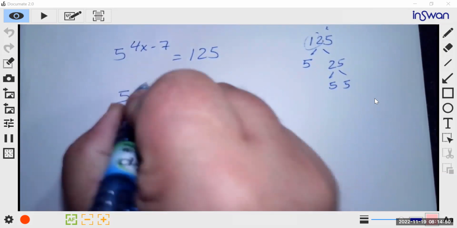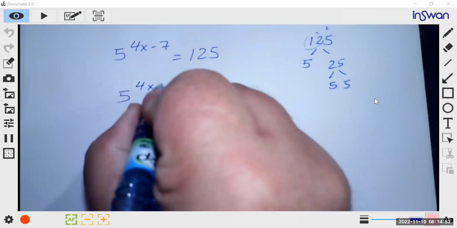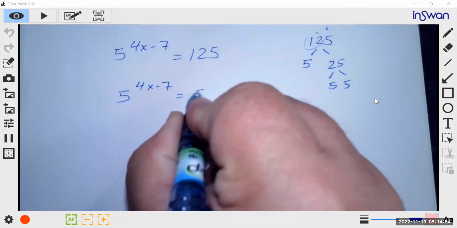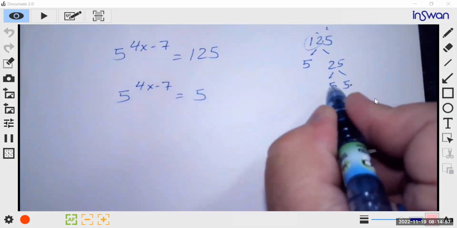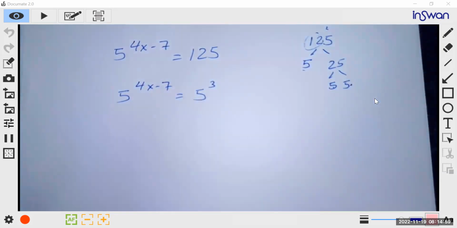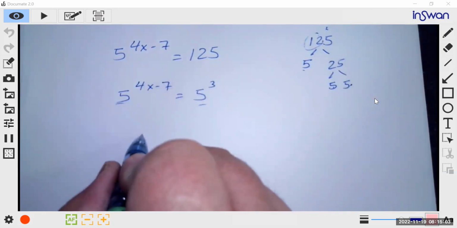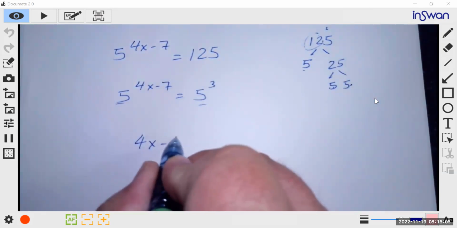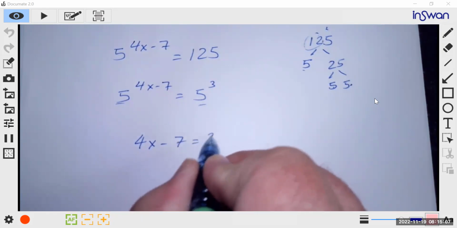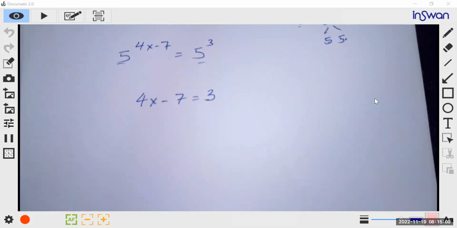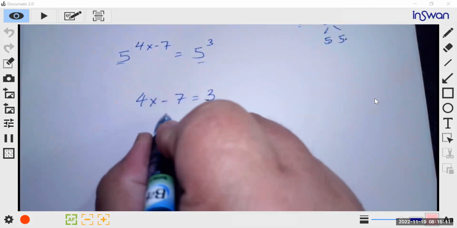So what we have here, we have the same bases. 125 is 5 to the third. Since we have the same bases, we set the exponents equal to each other, and solve for x.